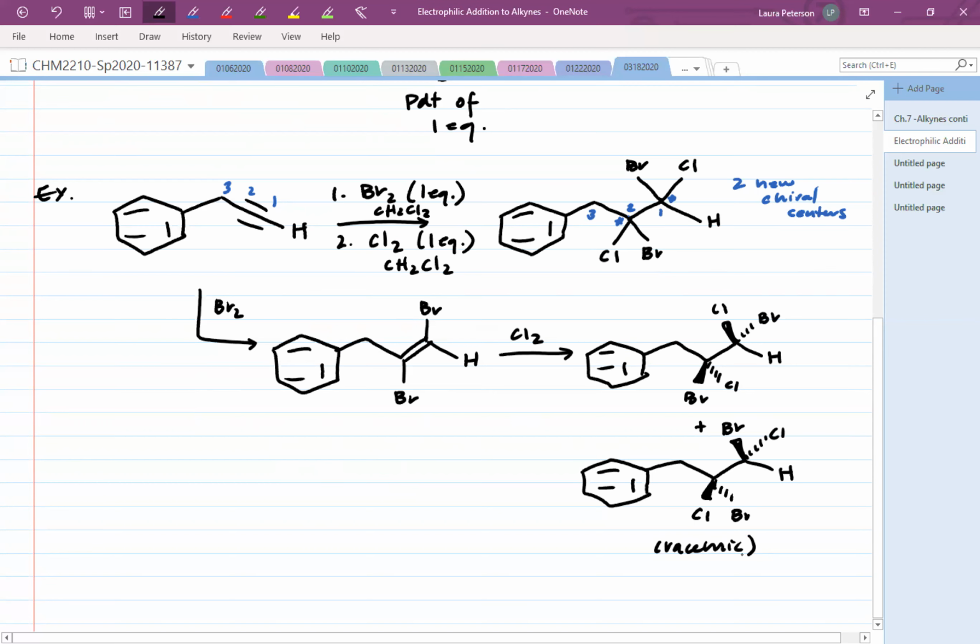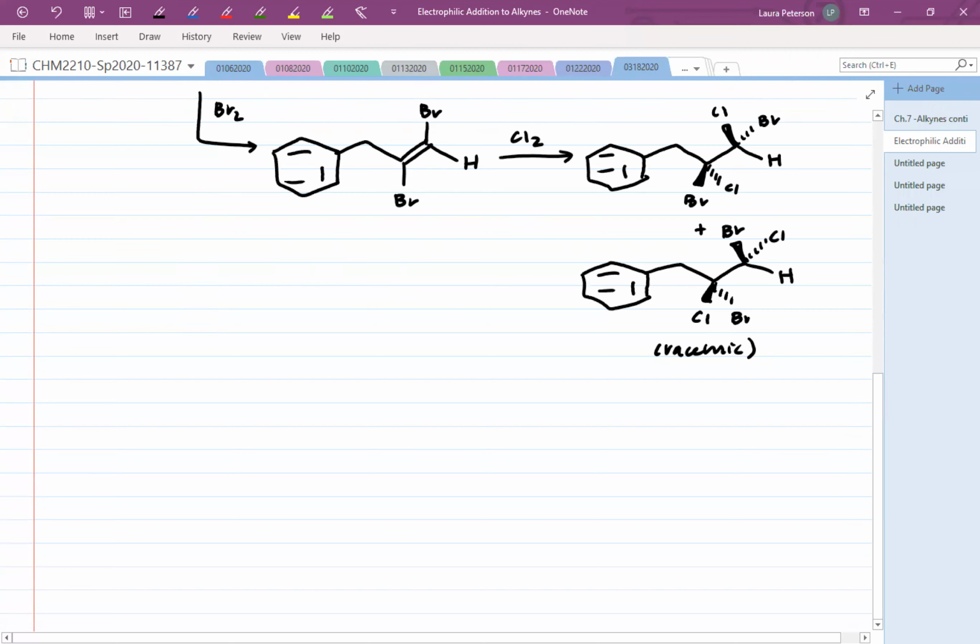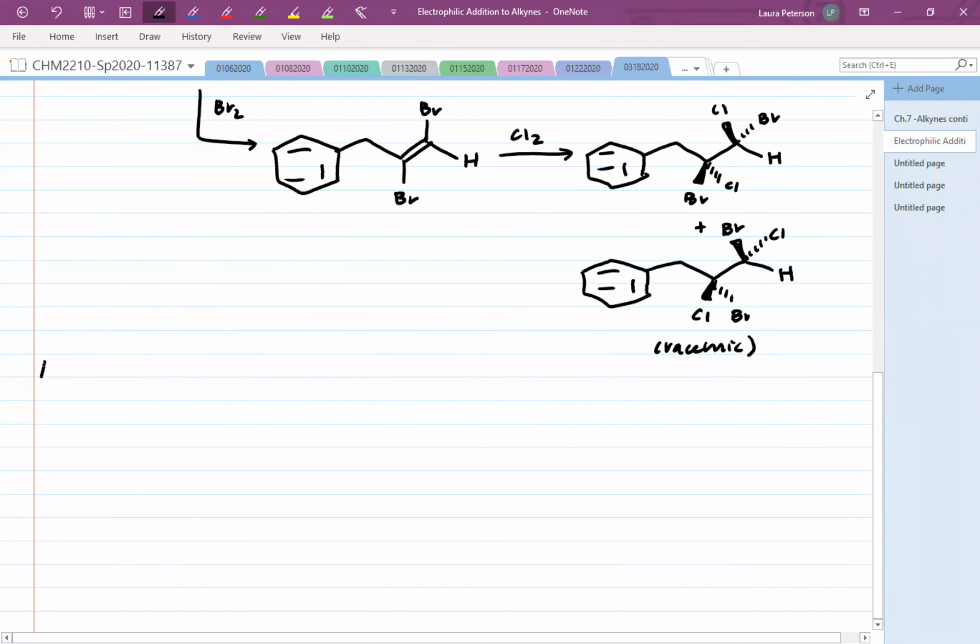Okay, so the next parallel reaction we're going to consider of alkynes is going to be the reaction with HX. Okay, so let's consider the reaction of alkynes with HX. Okay, so again, we're going to have a situation where we could have either react one or both of the pi bonds of the alkyne.